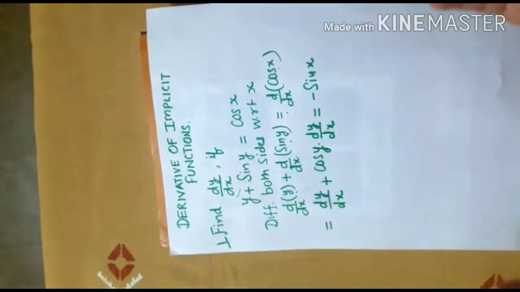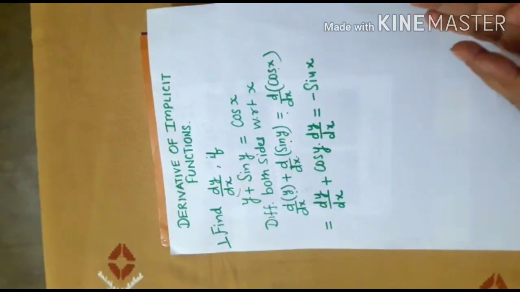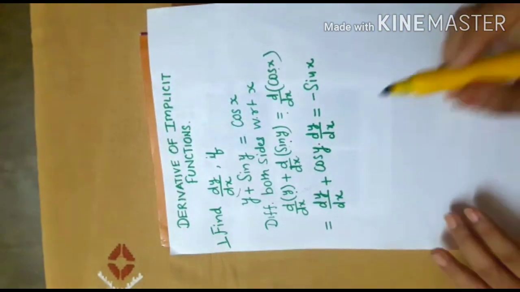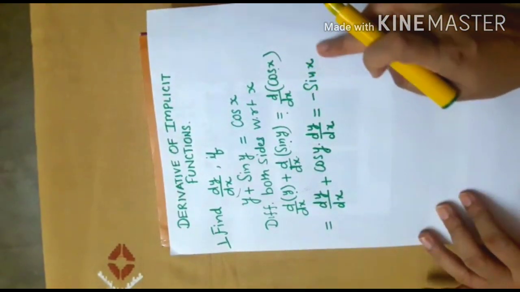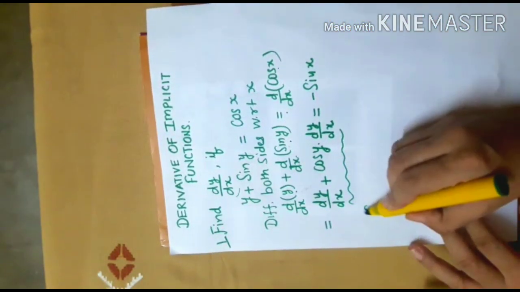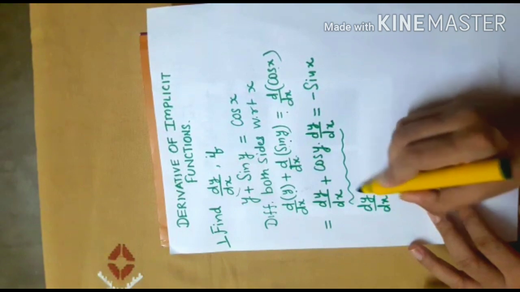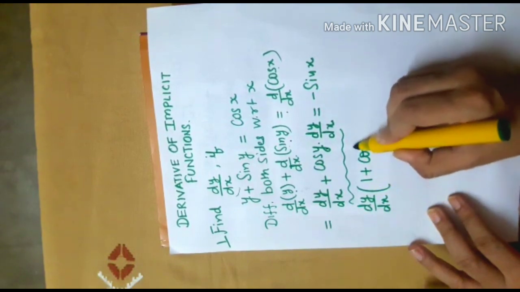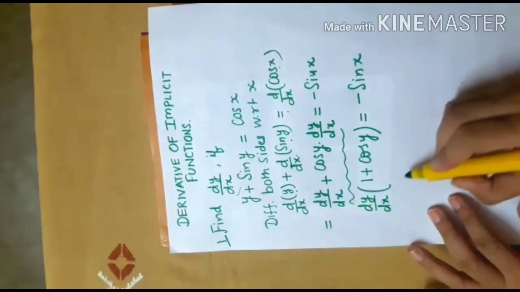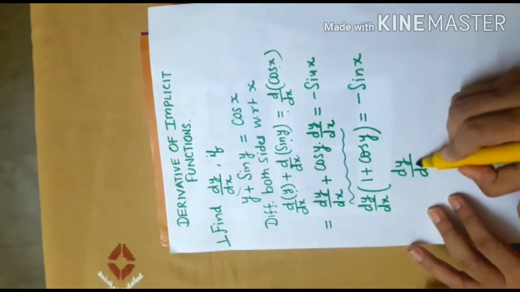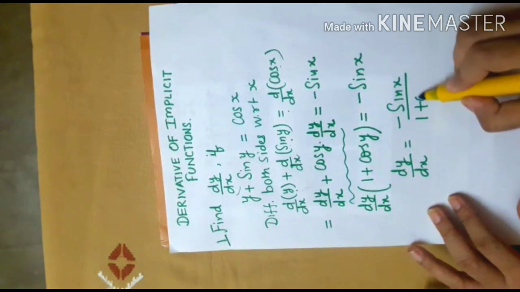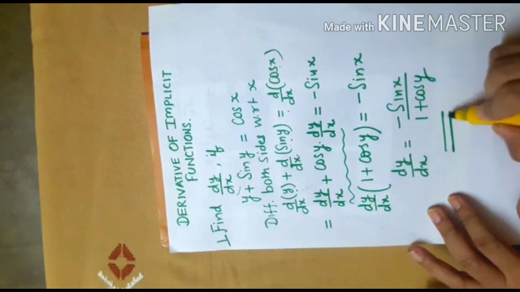So we transpose all the terms which contain dy by dx to one side. There is no such term on the other side. So taking dy by dx out, I'm left with (1 plus cos y) dy by dx equals minus sin x. So dy by dx will be minus sin x over 1 plus cos y.